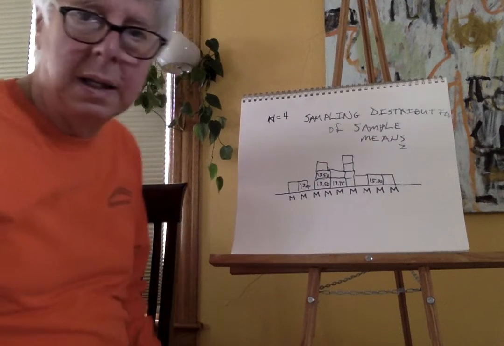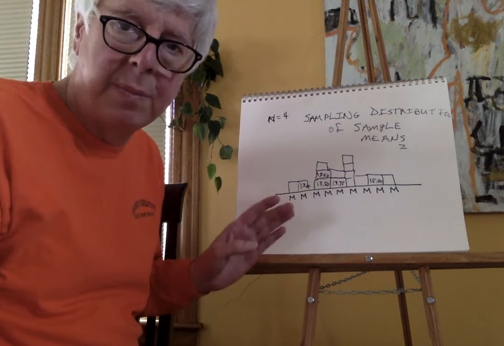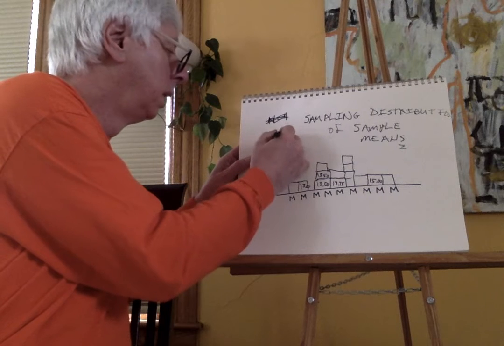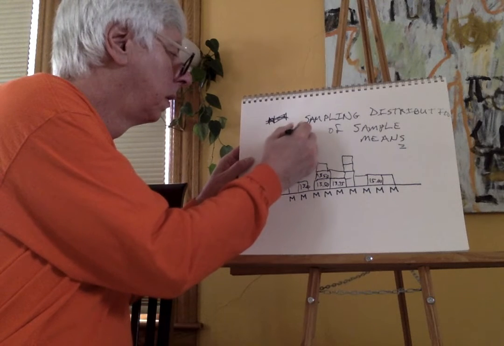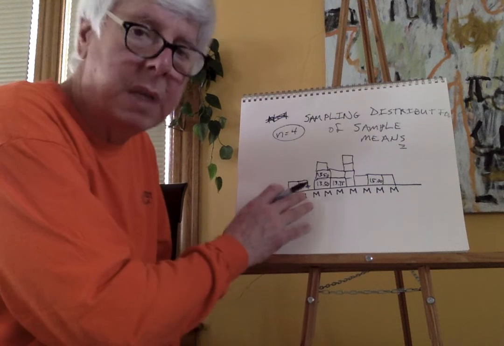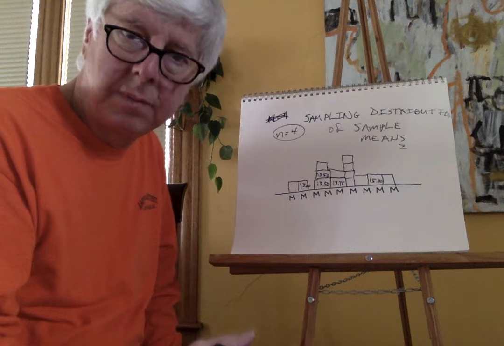I'm going to underline the S there. This is a whole bunch of sample means where n equals 4. That is means from a group of 4 blocks from the bag.